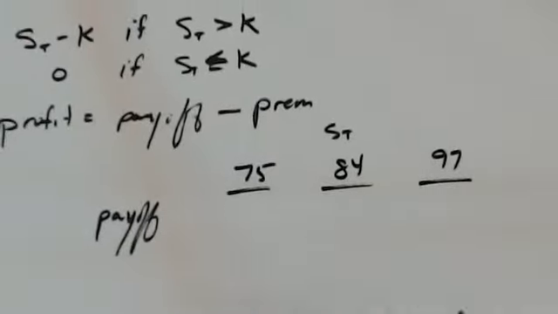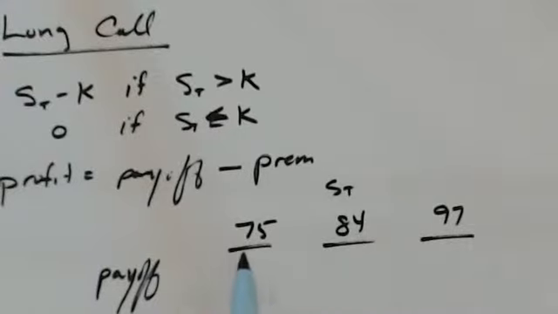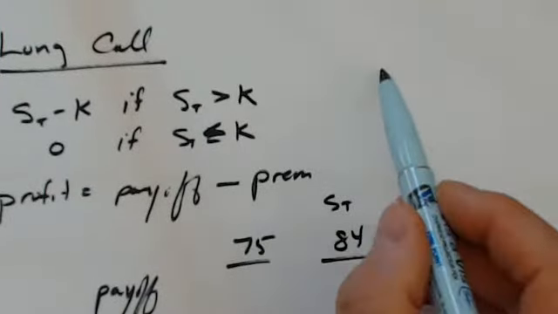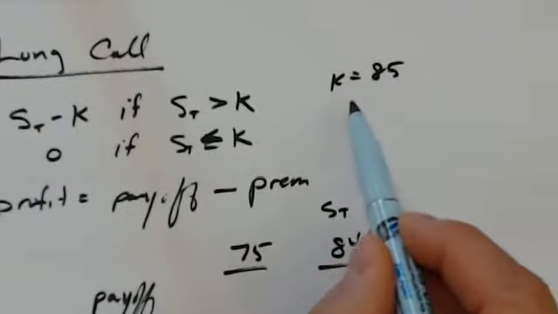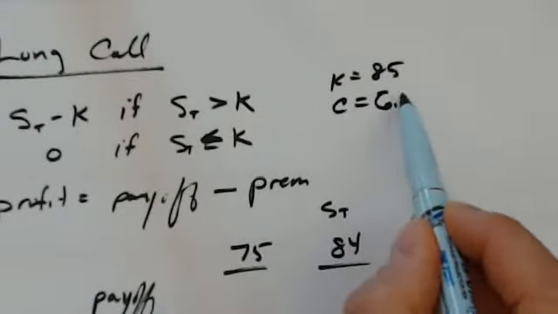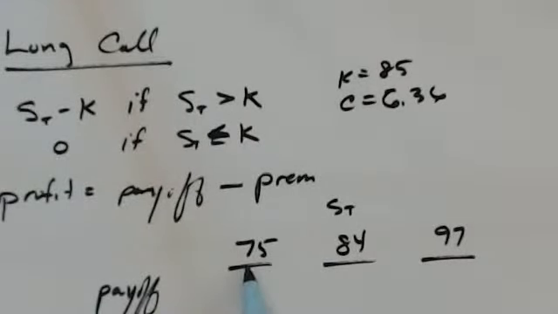The stock at expiration is 75, and we know that the strike K is 85 and the call costs $6.36. At a stock price of 75, this option is out of the money.